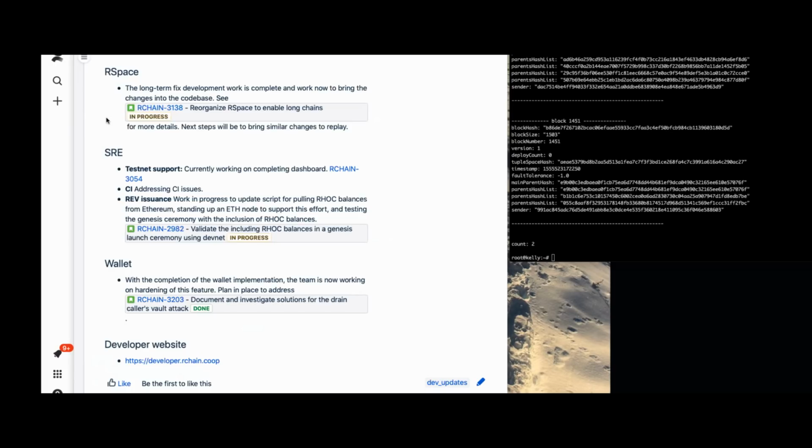Once that work goes into the project, we're going to operate our space in parallel, meaning that our space as it exists today will continue to operate by default. There will be a flag that you can use to look at the renovated R space, and then as we observe the renovation working the way that we expect it to, and as we debug anything that comes up, we will then make the renovated R space the default.